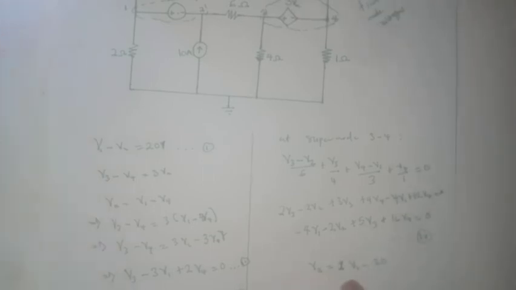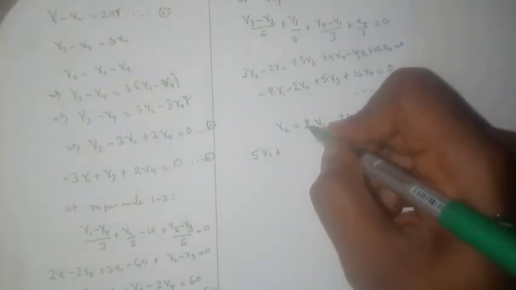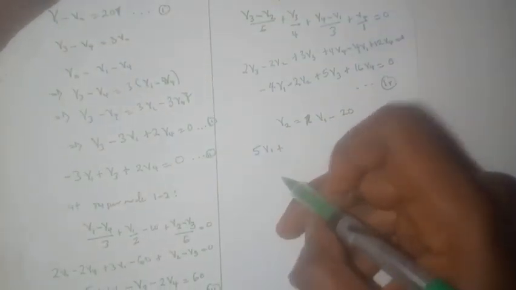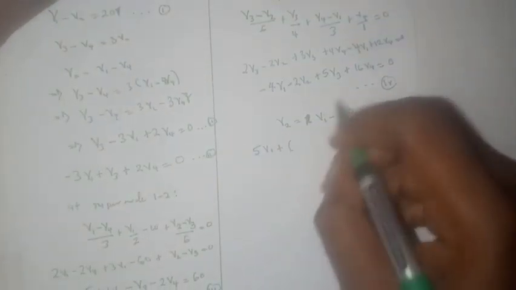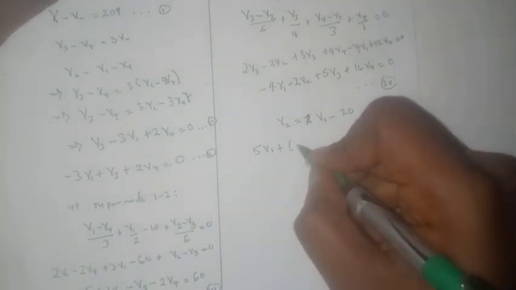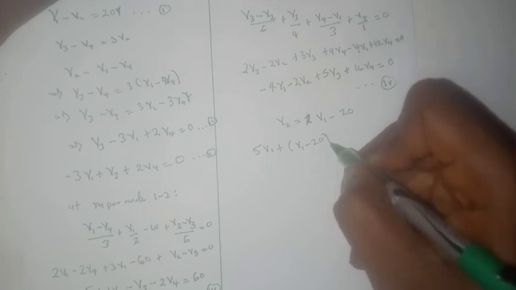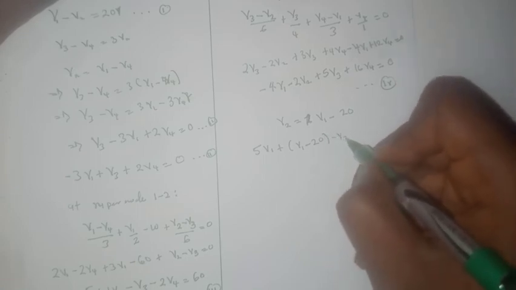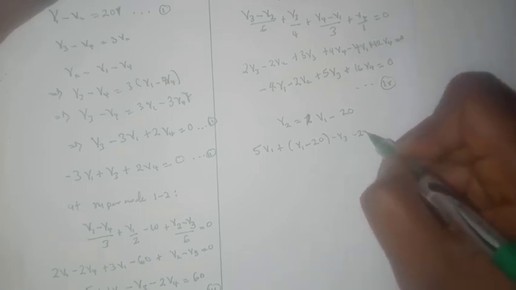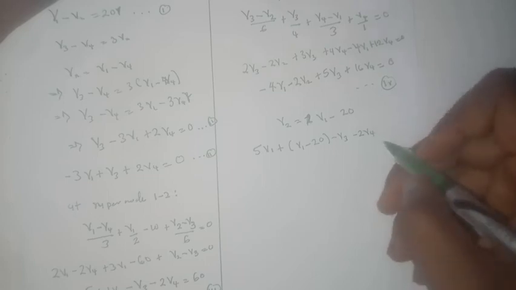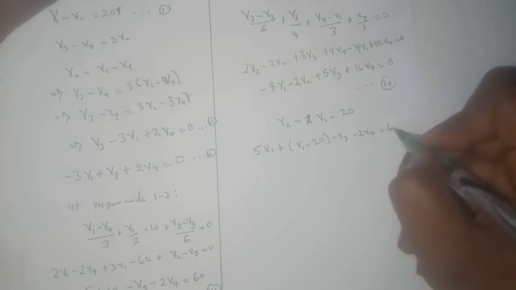Substituting into the third equation, 5V1 plus (V1 minus 20) minus V3 minus 2V4 equals 60.